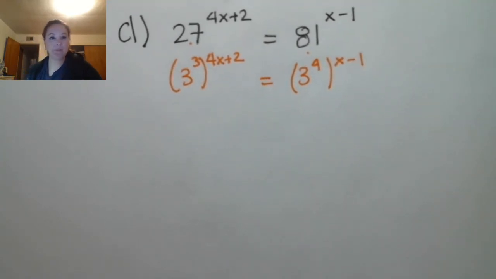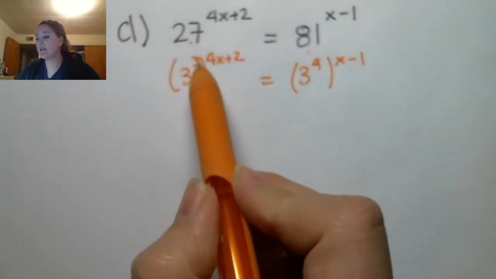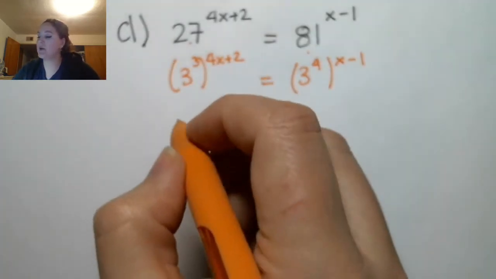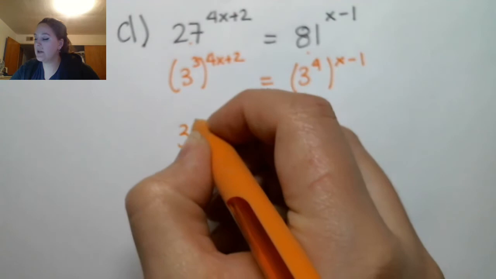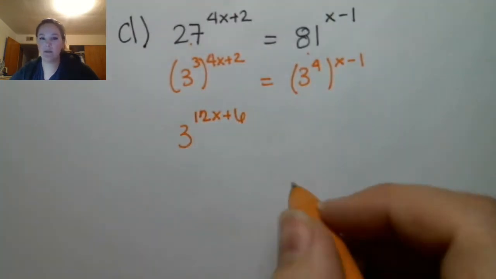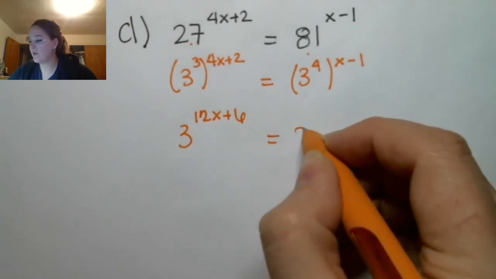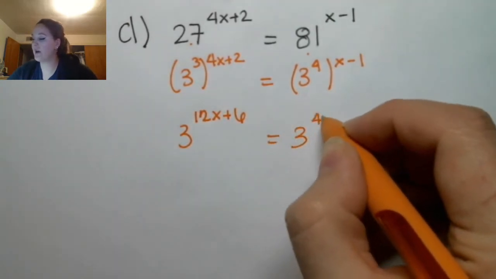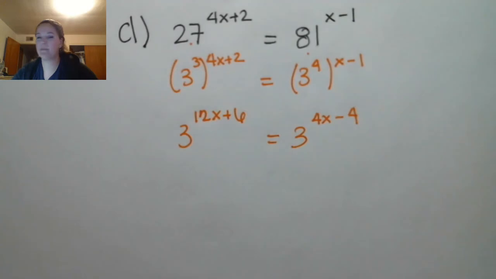And now I'm going to simplify these by multiplying these exponents. So I get 3 to the 12x plus 6 equals 3 to the 4x minus 4.